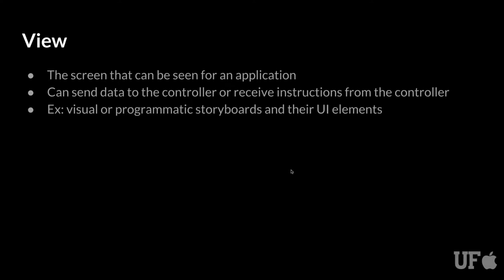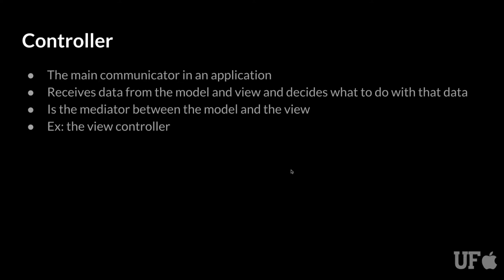And yeah, we'll get into that. The controller communicates between the model and the view. You shouldn't necessarily do a lot of data handling in the controller. You want to leave that to the model, if that makes sense. Any questions so far? That was kind of quick.